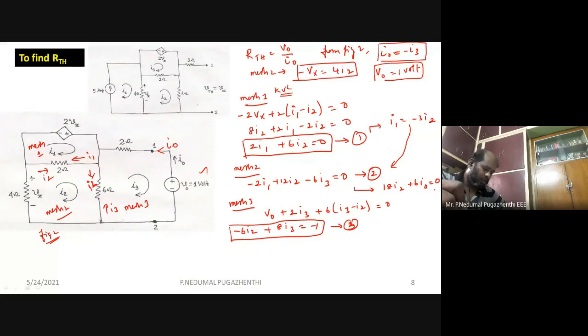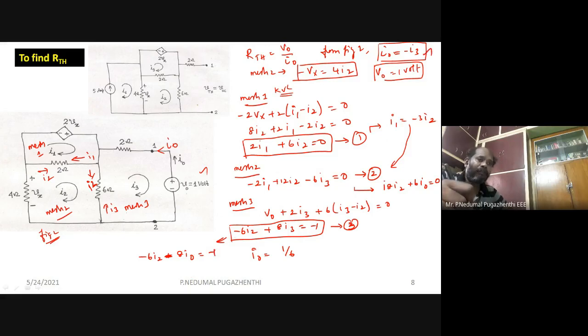Okay, and if I am solving this, I will get I naught is equal to 1 by 6. Instead of I3, I can put it like minus 6 I2 minus 8 into I naught is equal to minus 1, because I have I naught is equal to minus I3.